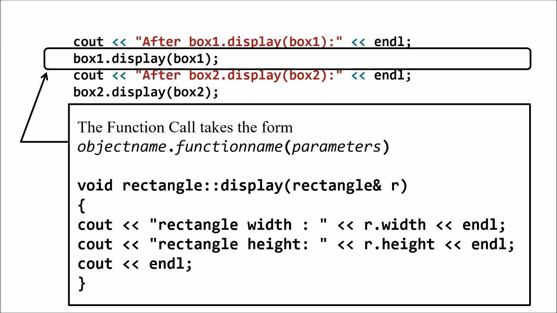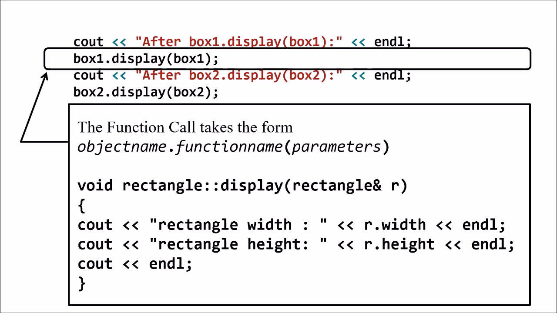So when this function call is made from the main function, it calls the display function inside the class called rectangle, and it passes the address of the object box1, and that address is then referenced through the local variable name r.